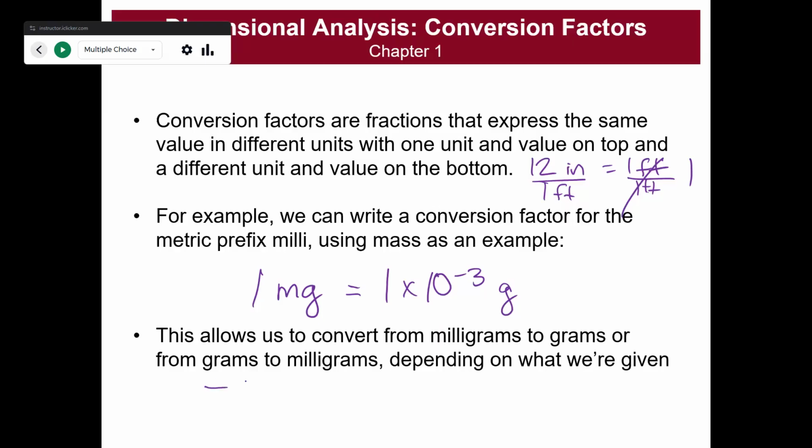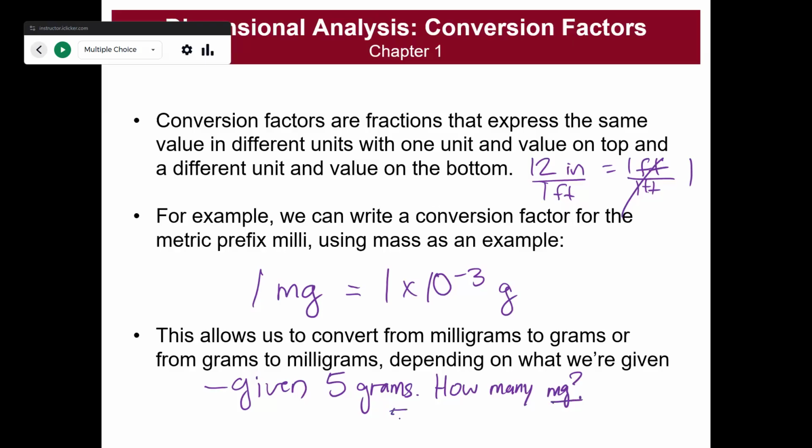So for example, if we are given 5 grams, and we want to know how many milligrams it is, then we want to make sure that the conversion factor we use has milligrams on top, because that's what we want to get to, how many milligrams.